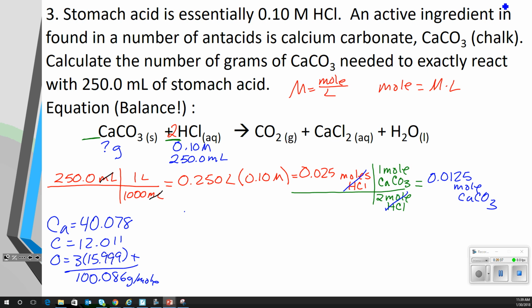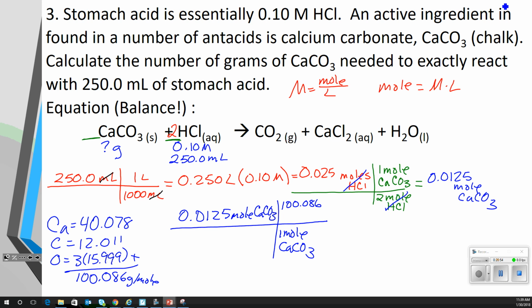So then I'm going to take this 0.0125 moles of calcium carbonate, and I'm going to say in 1 mole of calcium carbonate, there are 100.086 grams of calcium carbonate. Cancel out moles, times that through, and I'm going to get how many grams do I need to put in to neutralize that? 1.25. Done.